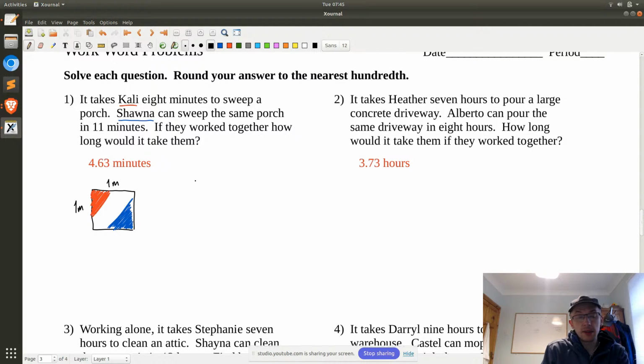Might even be simpler to just imagine it as 1 meter there. Yeah, that's actually a simpler way to picture it, I think. I never considered this. Okay, so Kali's going at their rate, which is 1 meter every 8 minutes.